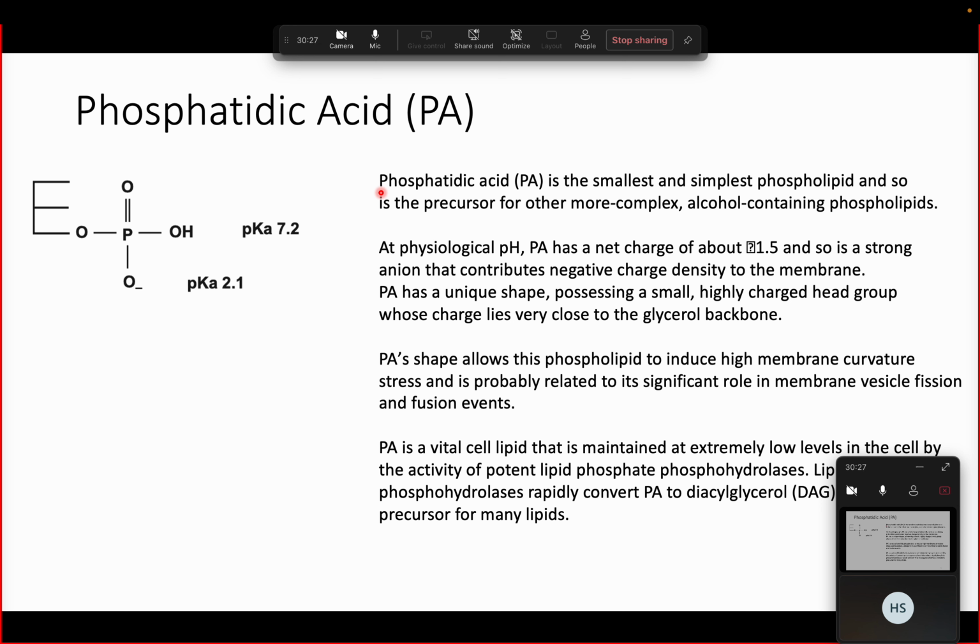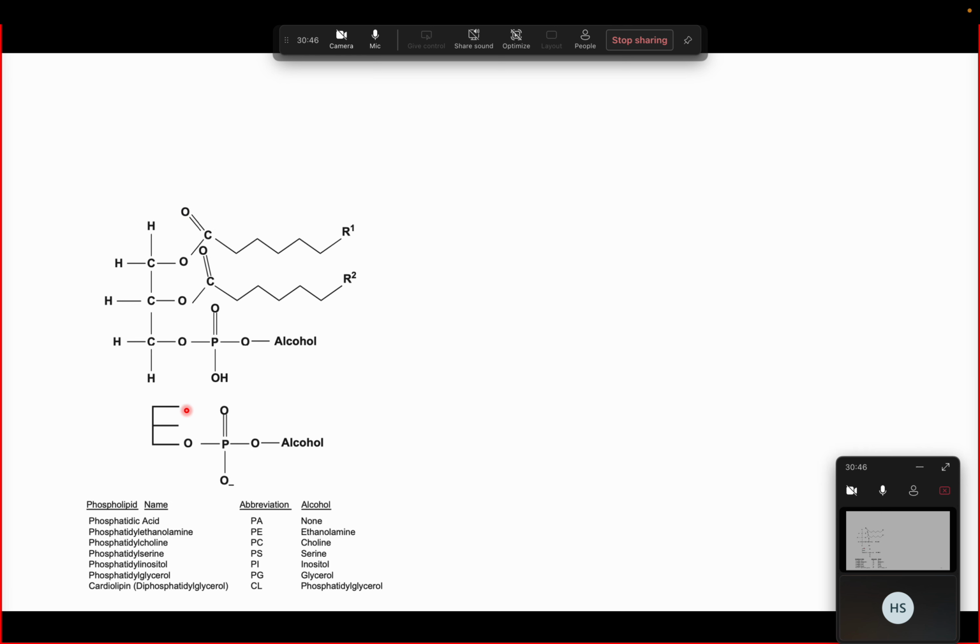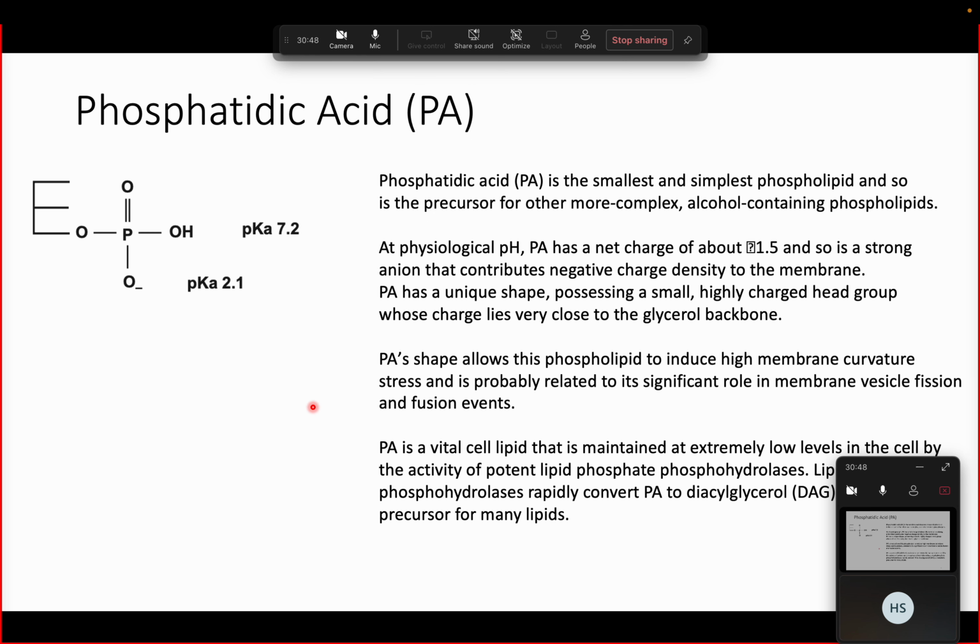So some basic characteristics of phosphatidic acid: PA is the smallest and simplest phospholipid, and so is the precursor for other more complex alcohol containing phospholipids, right? As you can see, the alcohol which is attached to the O group of the general representation of the phospholipid is literally a single H, hence it is the simplest, right?